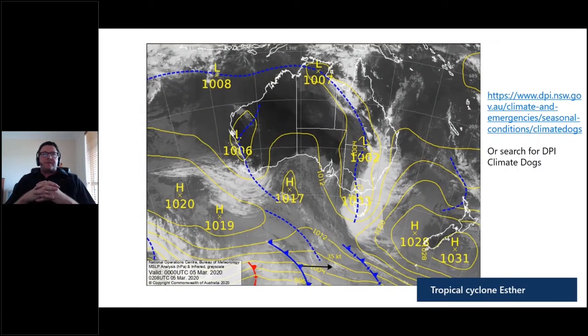I guess it's really important to understand what's going on climatologically. What are the drivers? Everyone hears about these processes. The classic one that everyone hears about is the El Nino Southern Oscillation.